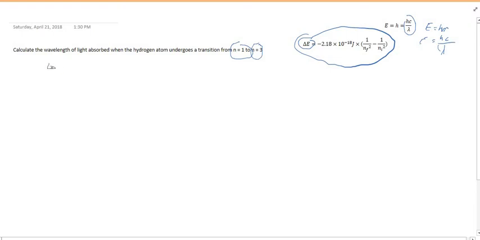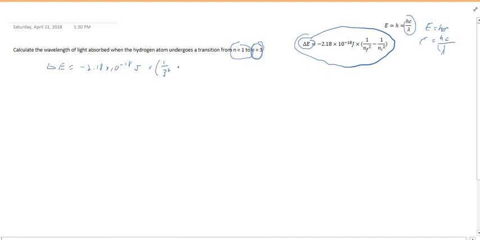So we have the change in energy of that transition is going to equal minus 2.18 times 10 to the minus 18th joules times this right here, which is going to be 1 over 3 squared. The 3 comes because that's my final state, and when a hydrogen atom absorbs a photon, it goes from a lower energy state to a higher energy state.